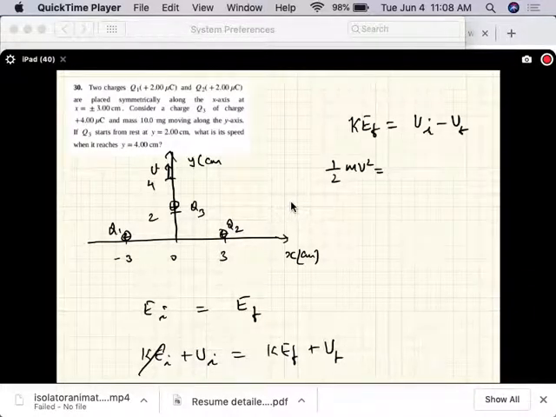So initial potential energy is the potential energy of these two guys plus the potential energy of these two guys. This distance.